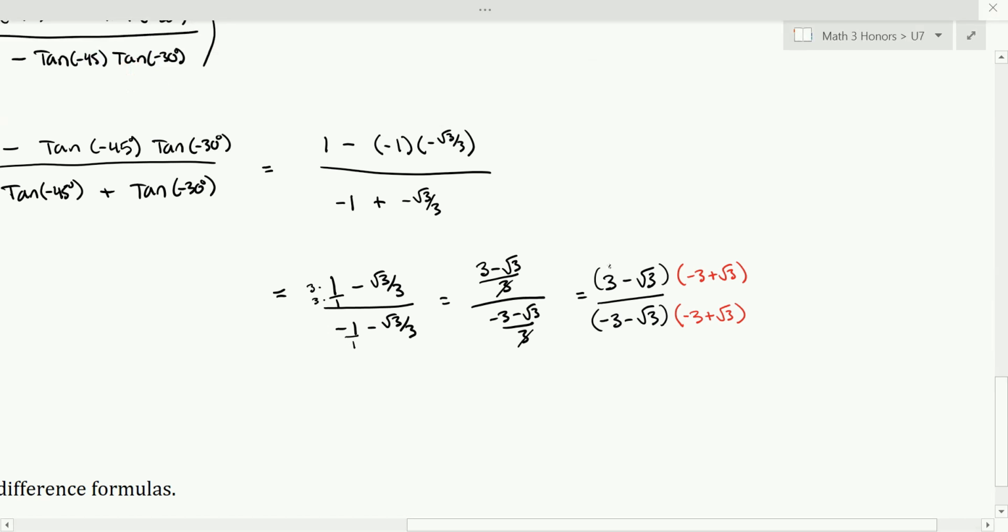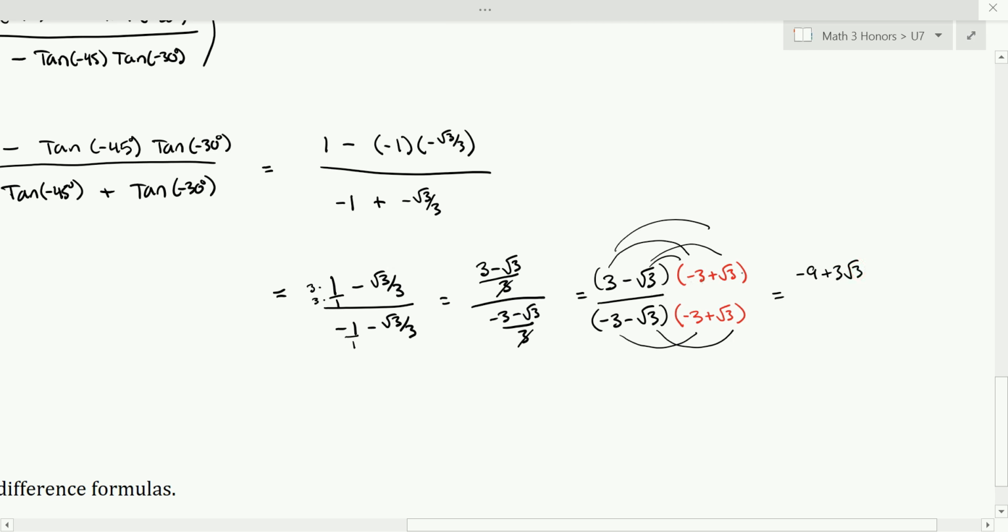And so I'm going to distribute. And when you distribute the conjugates, what happens is you're only going to need 2 terms. The middle terms will always cancel out. That's why we multiply by the conjugates. So in the numerator, we're going to have negative 9. So 3 times negative 3. 3 times root 3 is 3 root 3.